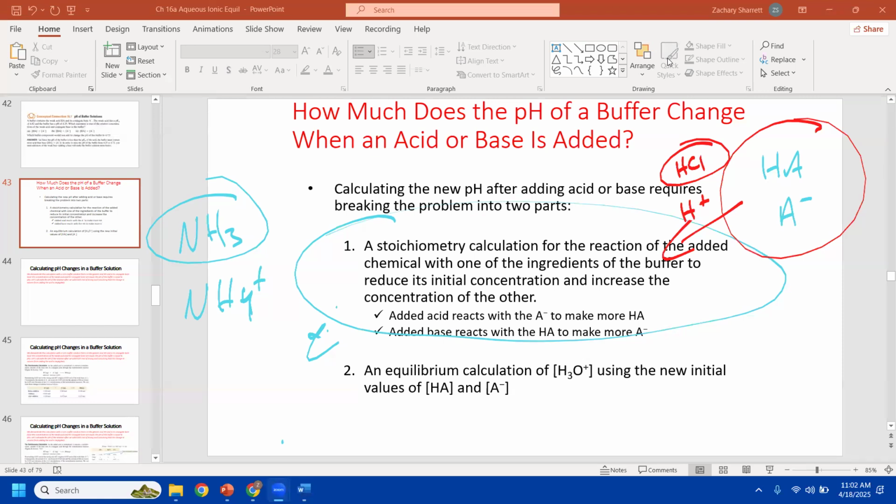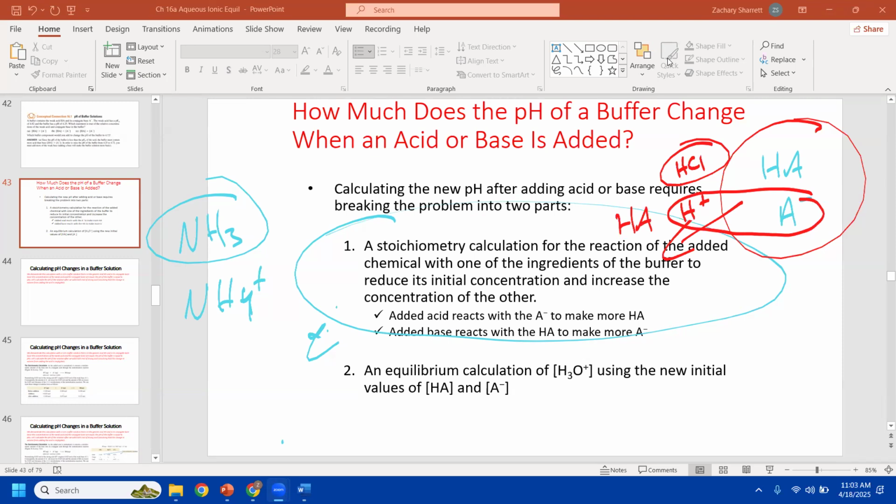Emma? The A minus, very good. The H plus will react with the A minus. So instead of just adding H plus, it reacts to make some HA. Adding HA will drop the pH a little bit, but not as much as if we just add the HCl.